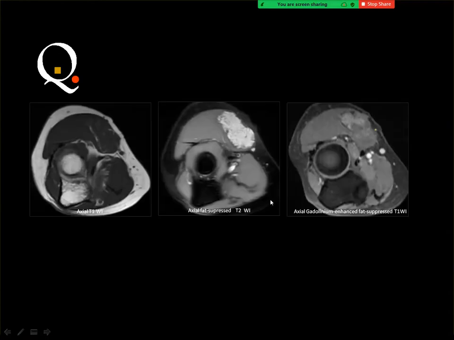And this is the MRI of the elbow joint, and you can see a lesion along the anterior aspect of the elbow joint, and this is in the T1 and this is in the T2 fat set, and this is post contrast with fat suppression.